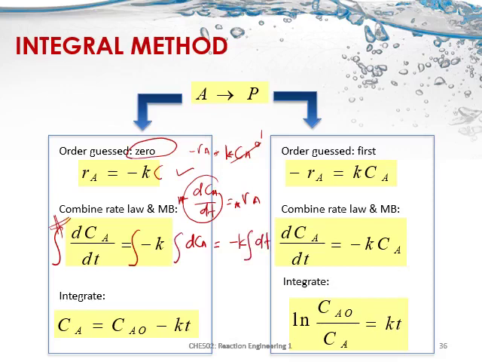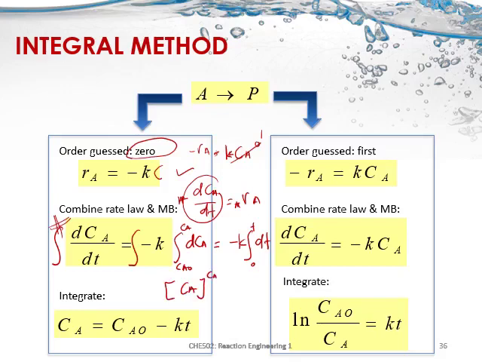So integrate both sides. From where to where? It's supposed to be from CA0 to CA. Initial to the final. Initial concentration of species A to the final concentration of species A. From time 0 to time T. Remember, this is a batch system, right? You need to have a certain duration of time, that is your reaction time from 0 to t. So integrate, you should have CA.